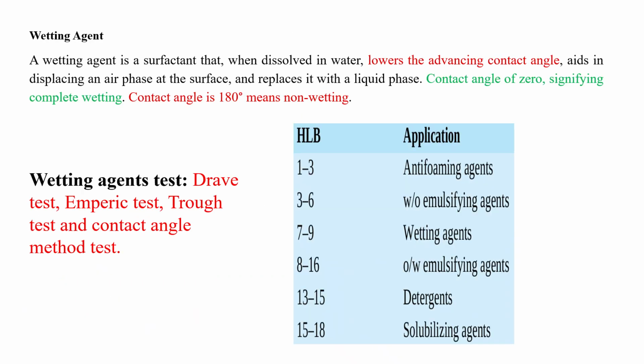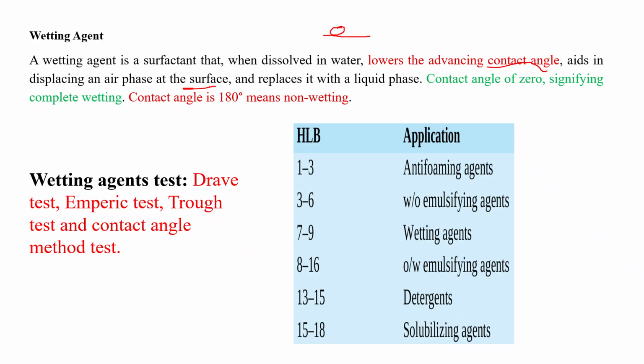Now we are going to discuss the wetting agent. A wetting agent is nothing but one type of surfactant. A wetting agent works by lowering the surface tension as well as lowering the contact angle between the liquid droplet and the surface on which it will spread. Suppose this is your surface and you are putting a water droplet.